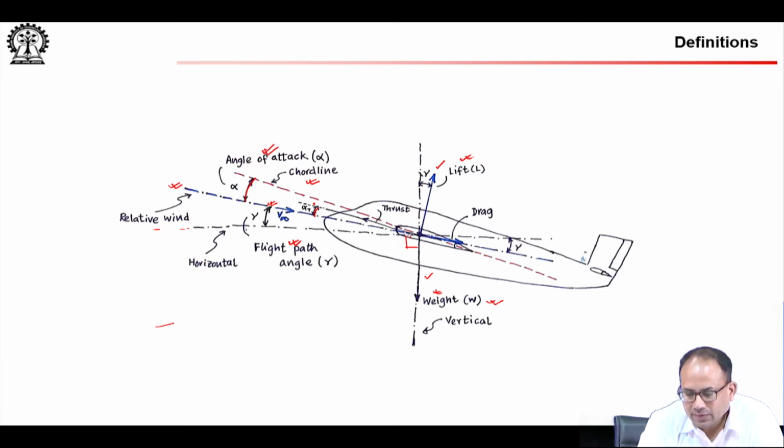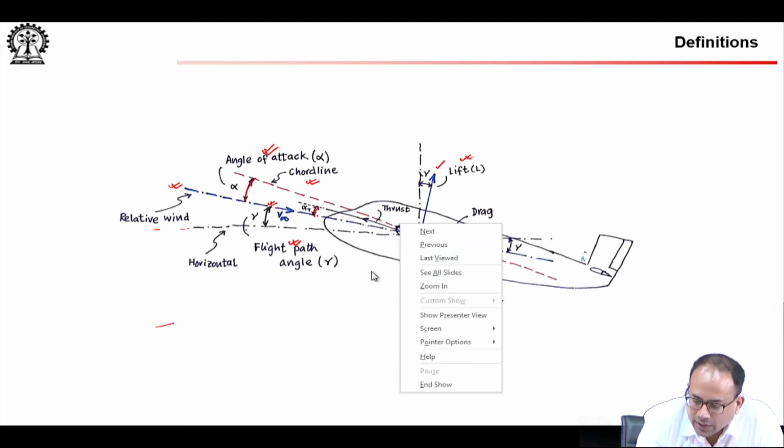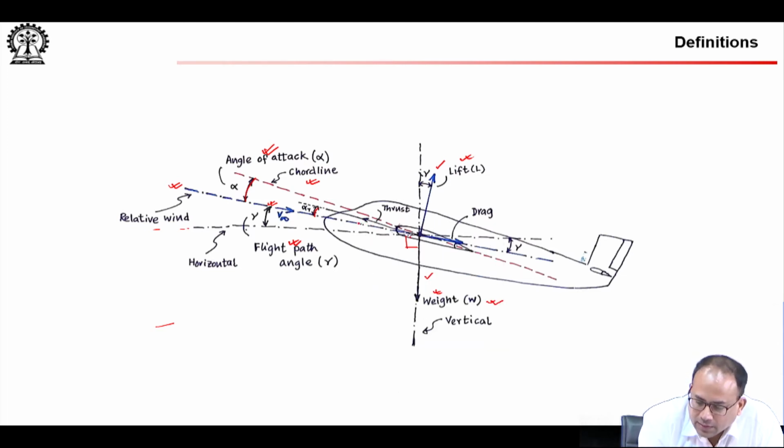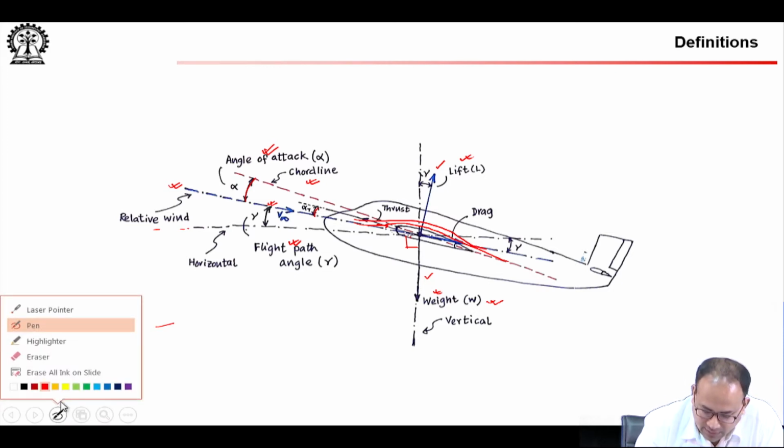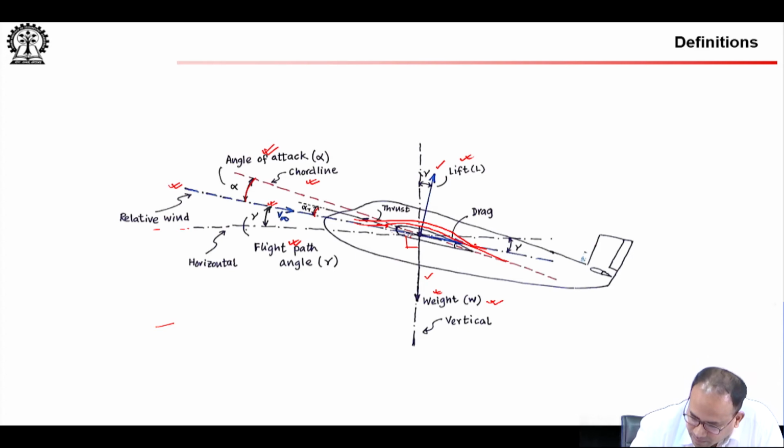Now that we are done with the angles, when air is flowing over the airfoil, if I draw air flowing over the top surface, sorry, you cannot have an intersection like that.